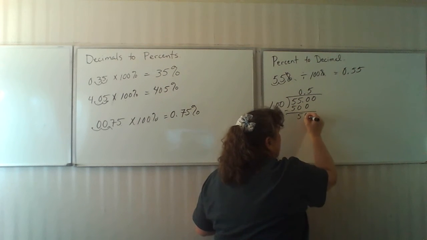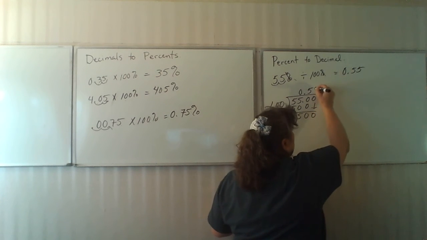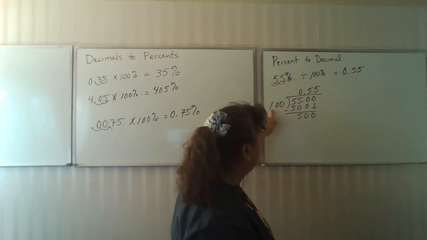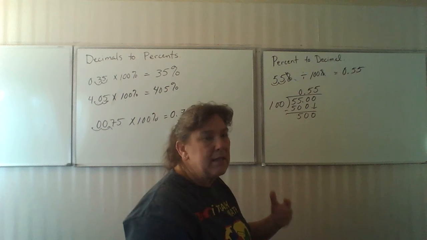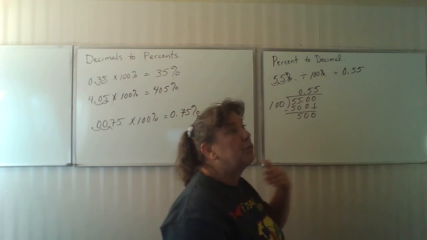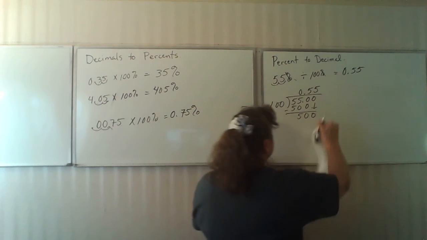Subtract, giving me 50, bring down my 0, and 100 goes into 500 5 times. So you can see that dividing by 100 moves that decimal place 2 places to the left. Multiplication moves to the right, division moves to the left. So now let's look at another one.